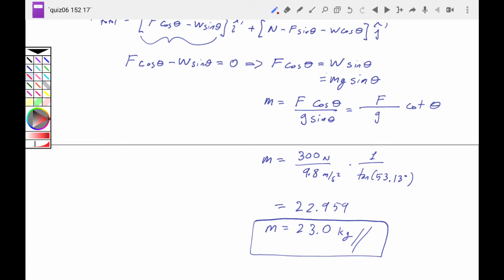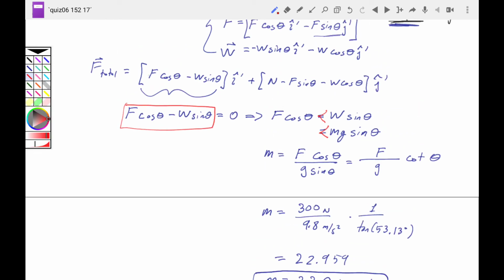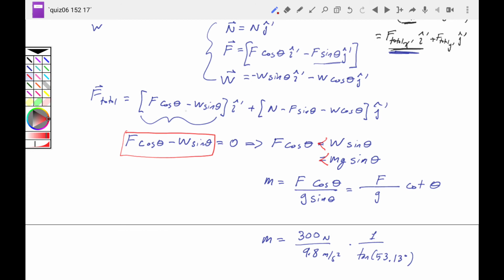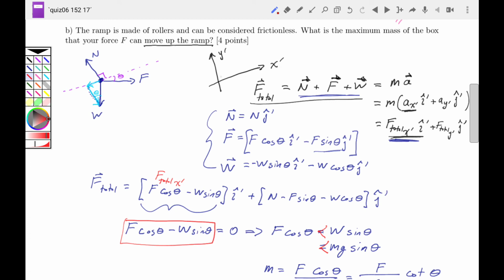This would be greater, which means this would be negative, which means the total force in the x direction would be negative, which means the block would slide or accelerate down the incline.